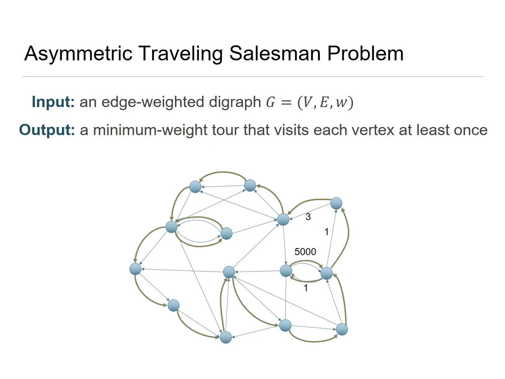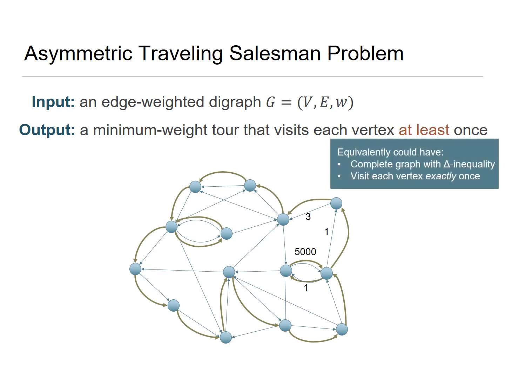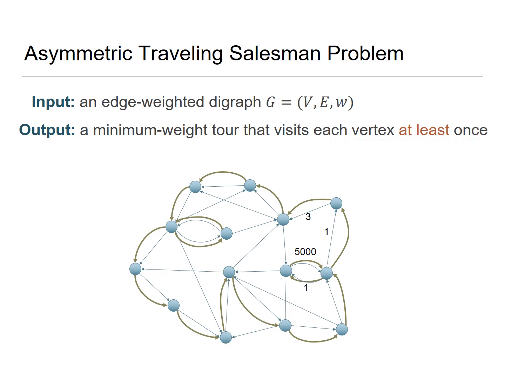You might notice that some vertices have been visited more than once. Equivalently, there is the version where you could say I want each vertex to be visited exactly once, but then you need to have a complete graph with the triangle inequality on the weights. We prefer this version: just a graph and at least once.